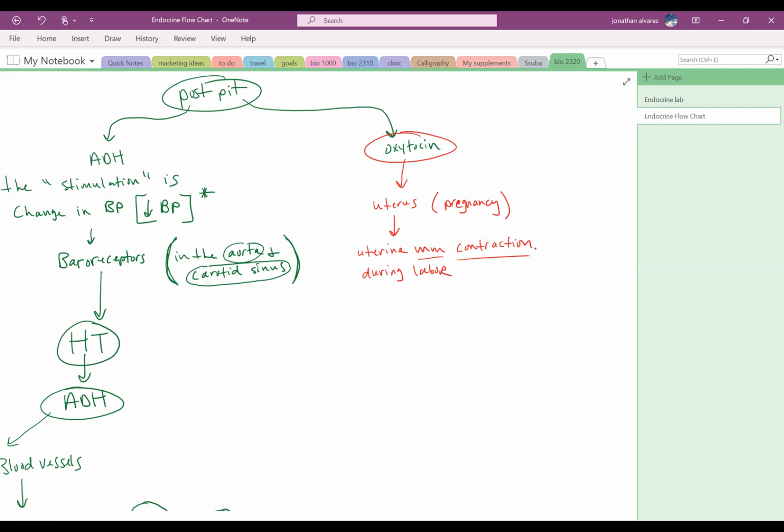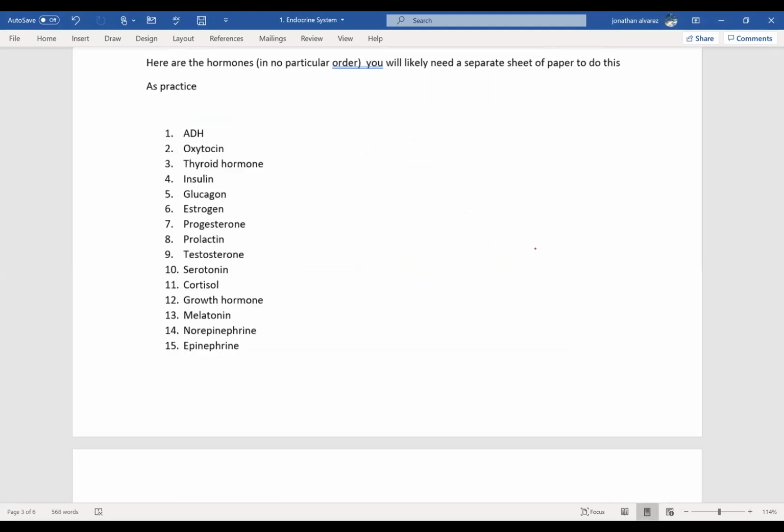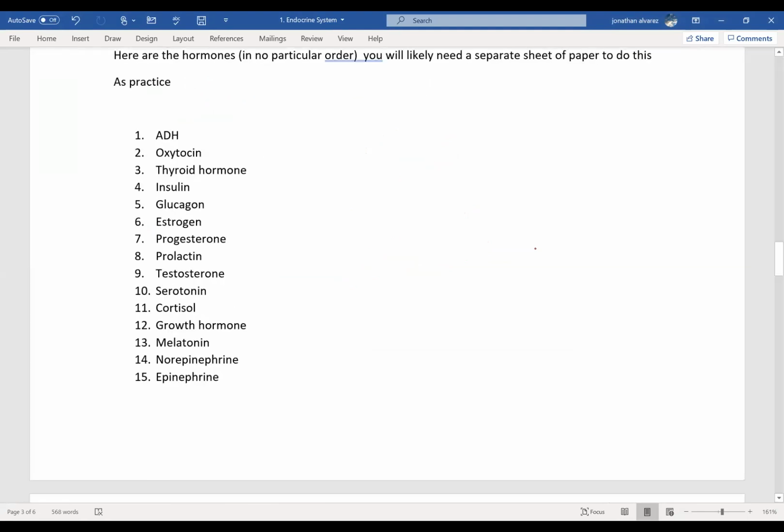Let me go back to the Word document. All right, so from here, insulin helps lower blood sugar levels.